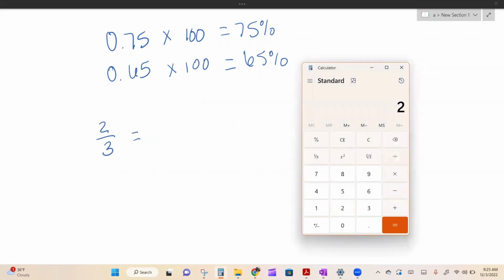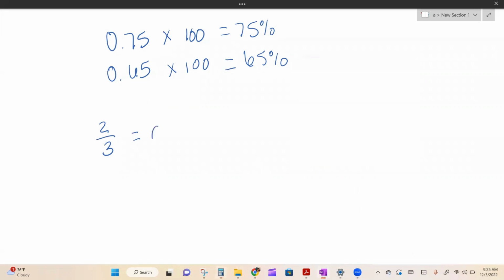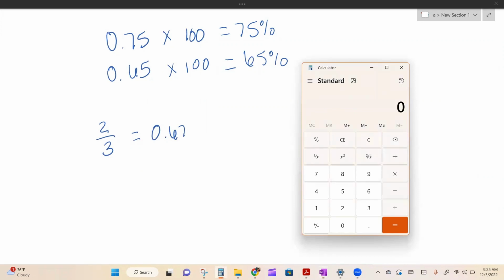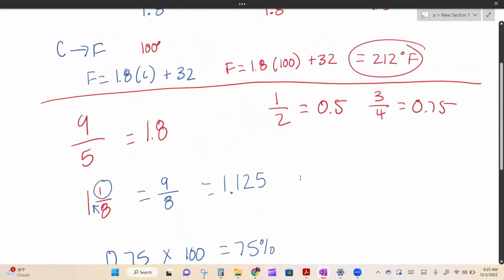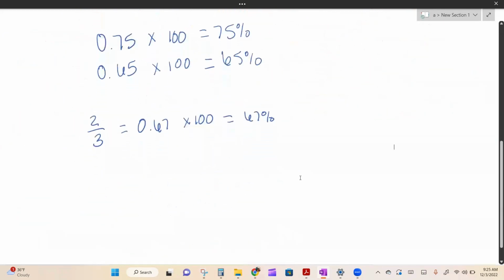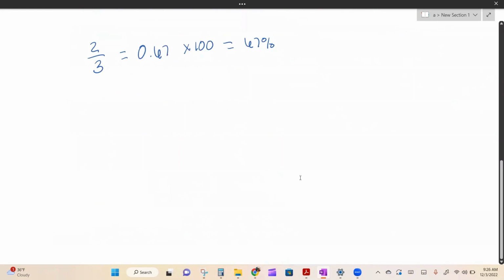We're going to go 2 divided by 3, which gives us 0.67, we'll say, for rounding, which we'll talk about next. And then we are just going to multiply that by 100. So first you need to take your fraction and turn it into a decimal, and then you get the percentage by multiplying by 100.